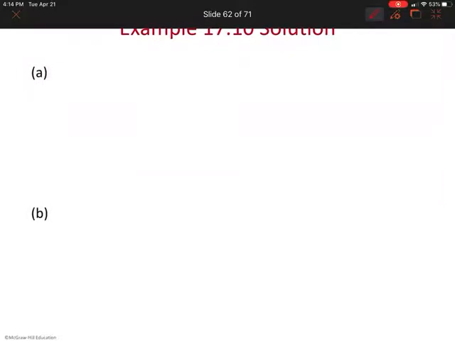I'm going to go over to this other side and write down some things that we have. First it gave us an area of 1 meter squared and a spacing or distance of 0.5 millimeters, which is 0.5 times 10 to the negative third meters. It has a dielectric constant of 4.9.